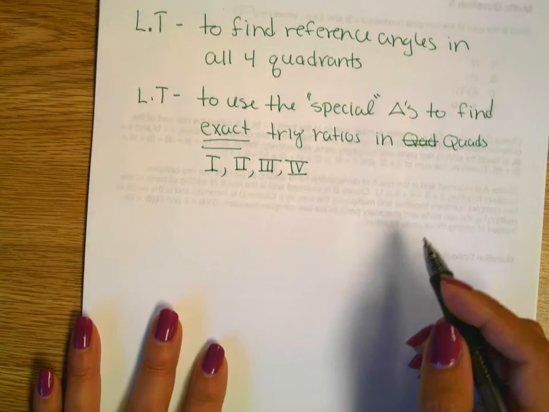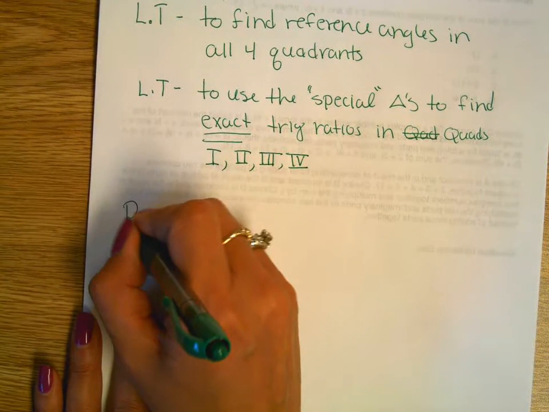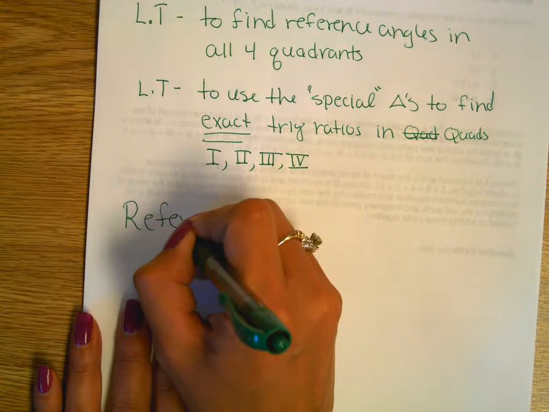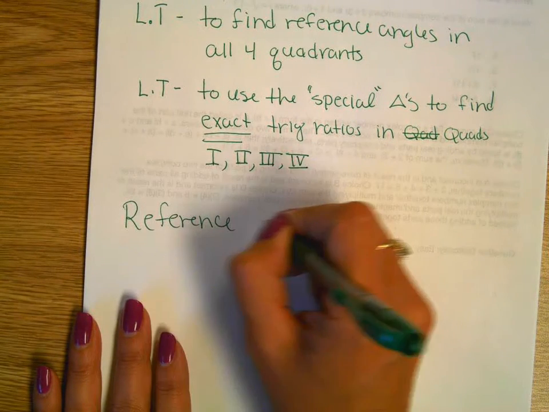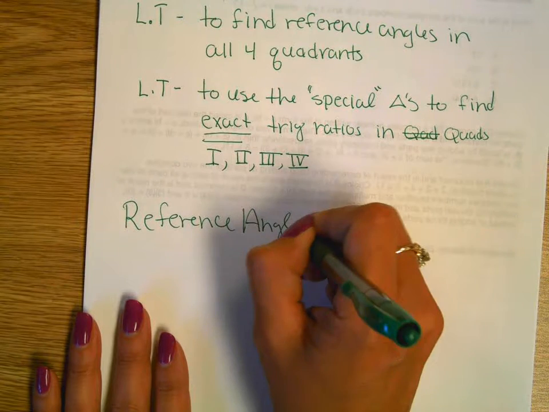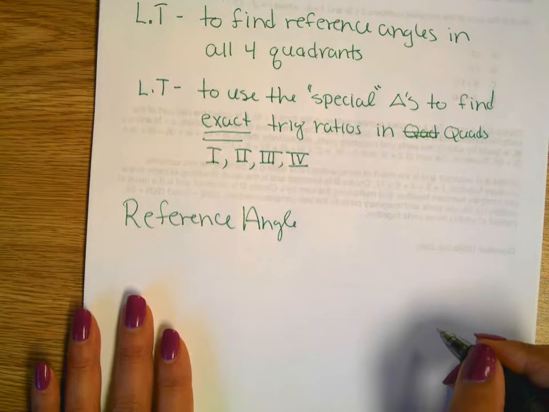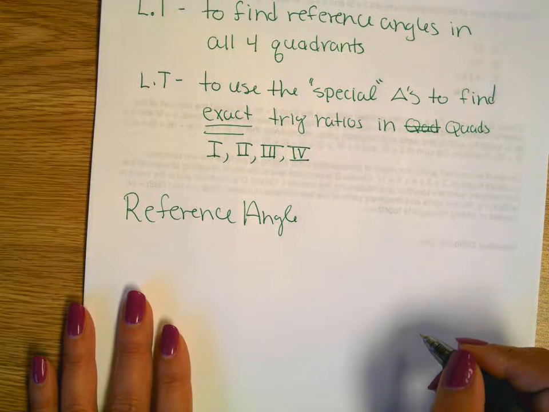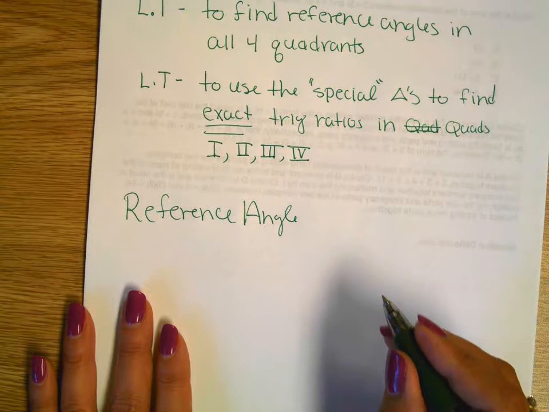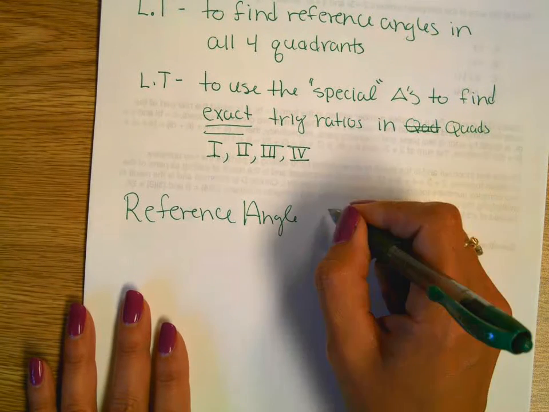Okay, reference angle. What is its definition? A reference angle has to be less than 90 degrees, greater than 0.